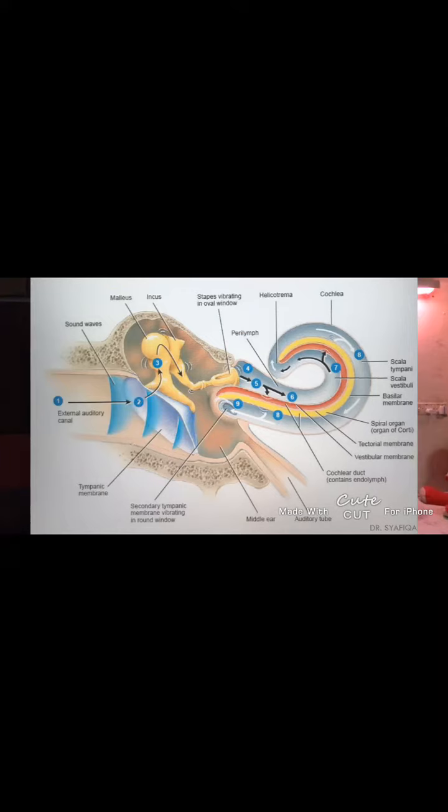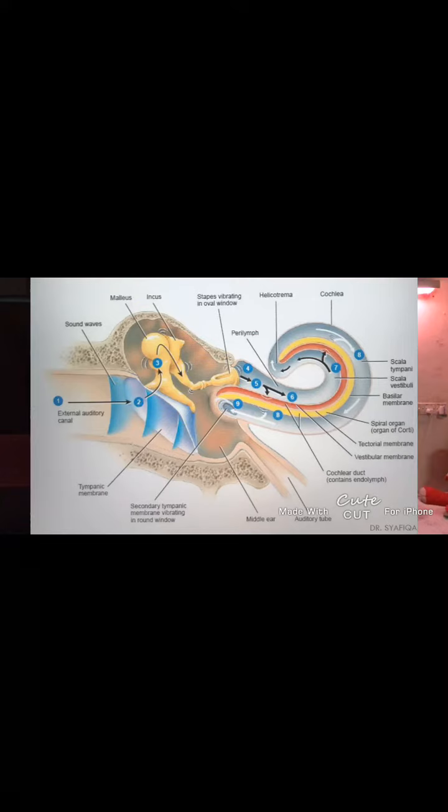Then, going to number 3, the central area of the eardrum connects to the malleus and causes the malleus to vibrate, further transferring the vibration to the incus and stapes. Going to number 4, the vibration in the stapes will push the membrane of the oval window in and out. And by the way, the vibration in the oval window is 20 times more vigorous than that of the eardrum.